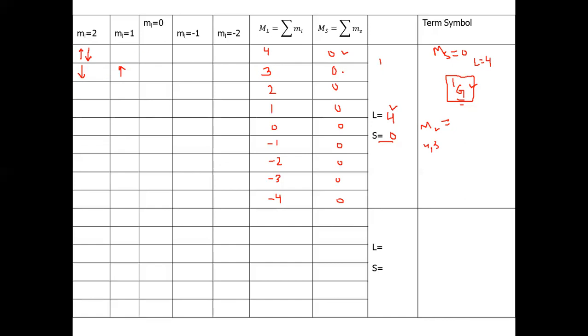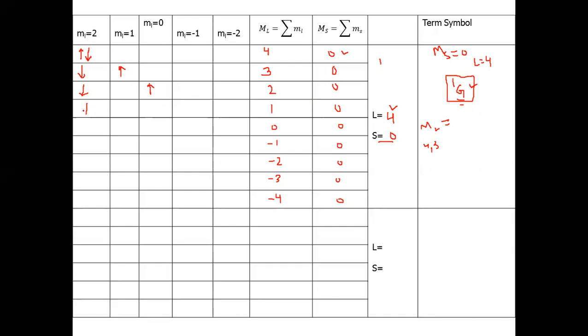So MS is 0. Now to get ML equal to 2, what can we do? Keep this electron here, move this electron to this orbital. For this system, capital ML is, for this electron, 1 multiplied by 2, 2, and for this electron 1 multiplied by 0 is 0. So 2 plus 0 is 2, and as they have opposite spin, MS is 0.